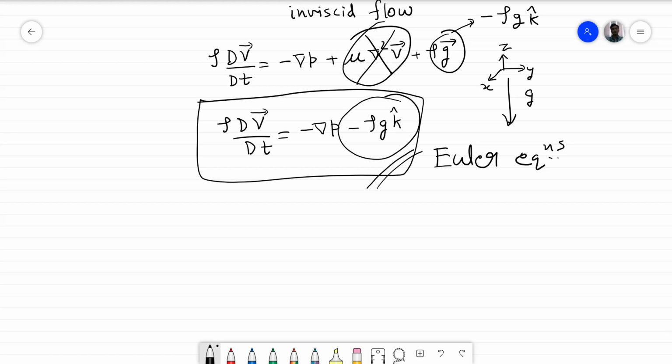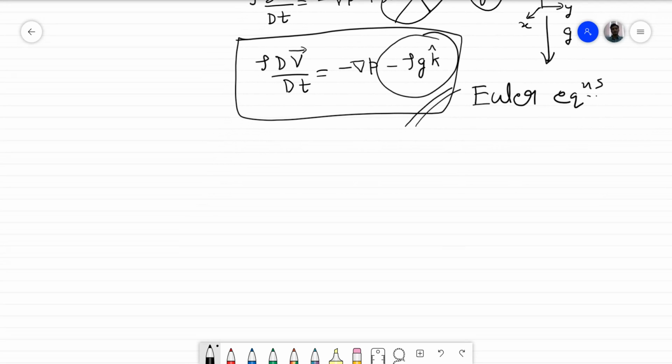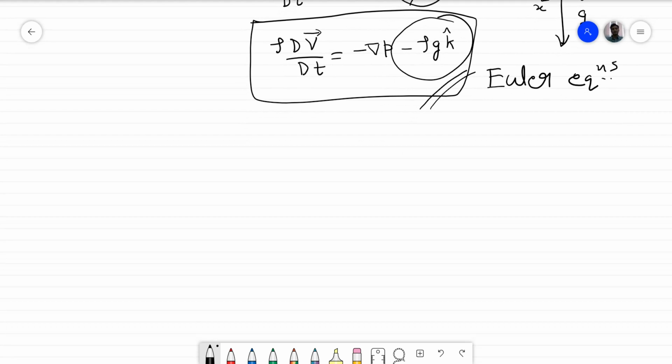Now there is a formula that we can derive from these equations, which is known as Bernoulli's equation. We'll derive this, but first of all we have to see what this Bernoulli's equation says.